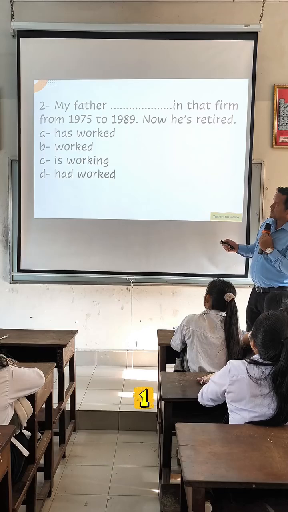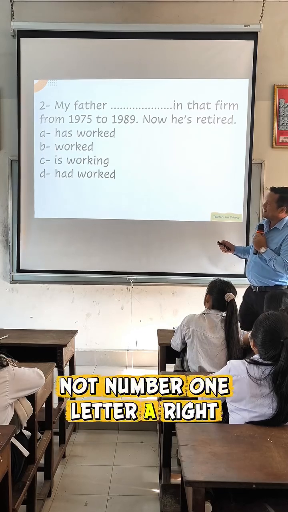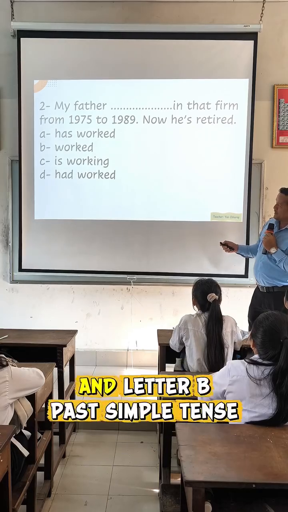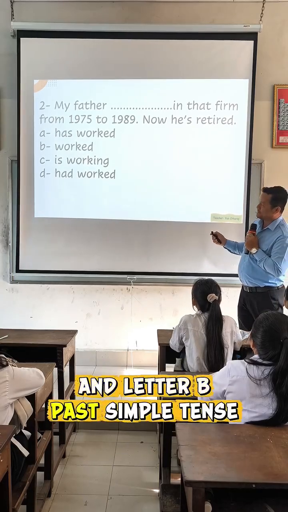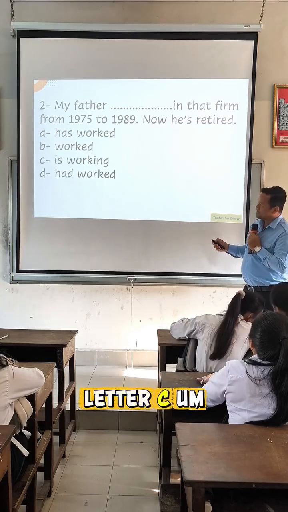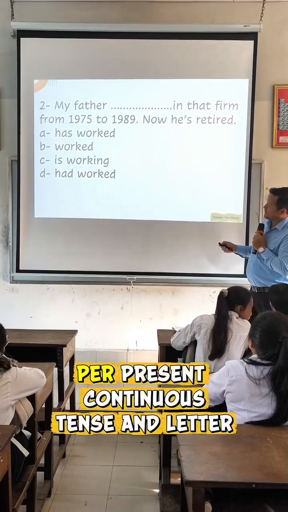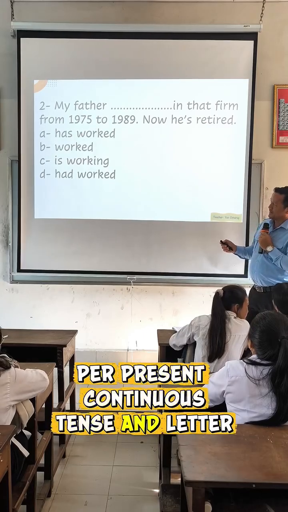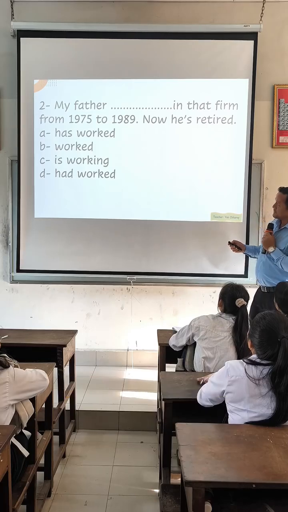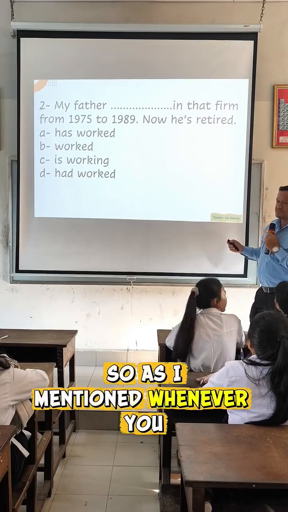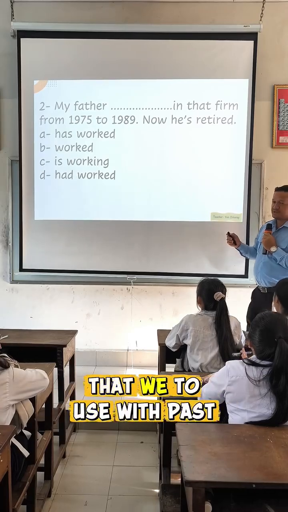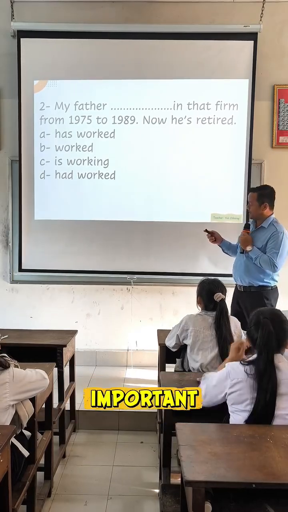Letter A is present perfect simple. Letter B is past simple tense, because you can see verb number 2. Letter C is present continuous tense, and letter D is past perfect simple tense. As I mentioned, whenever you see a specific time like that, we need to use past simple tense.